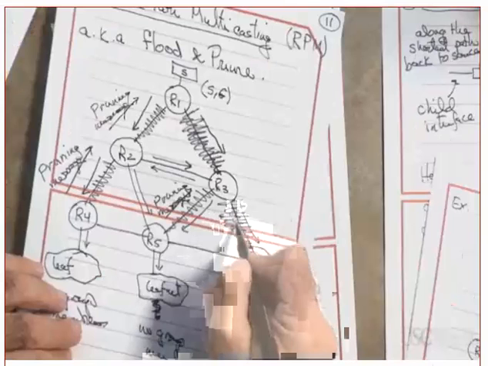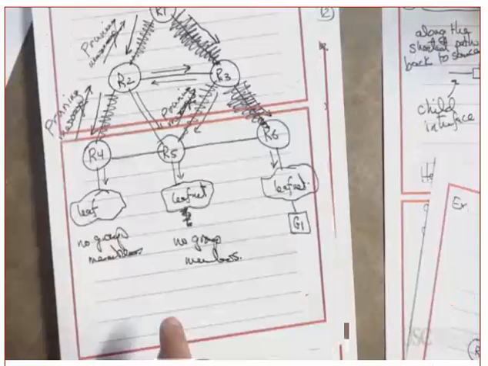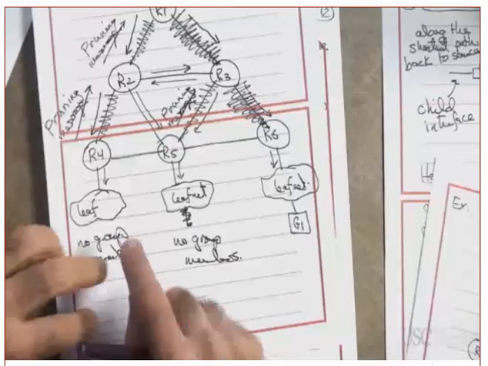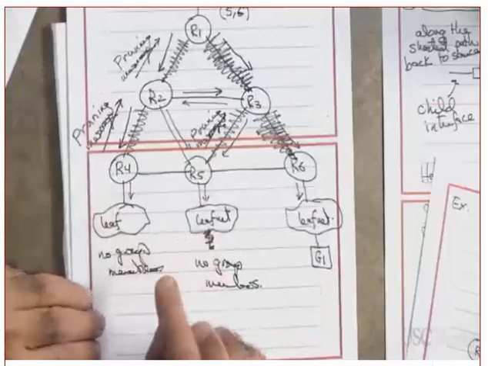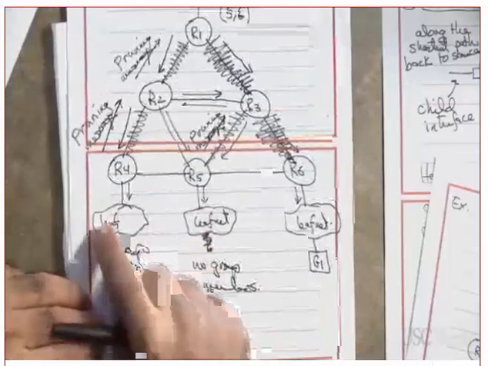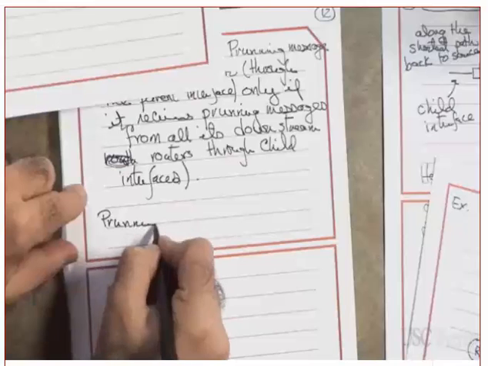Okay. Now, B wants to send a join message. What does R3 do? Does he forward the join message for star, G or not? Does R3 send it to here or not? No, he does not. Why?